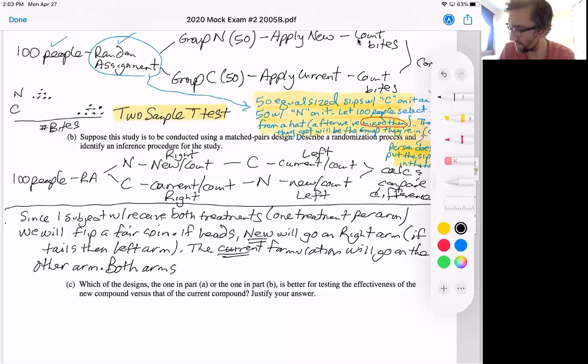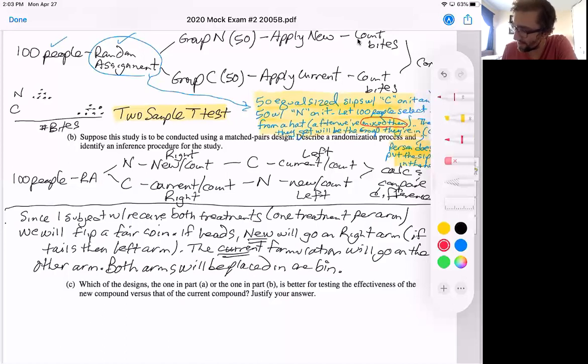Both arms will be placed in one bin. I hope this is possible to do that. It was kind of unclear from the question, like how big is this bin? Can you put both arms in the bin at the same time? Okay, so that was our randomization.